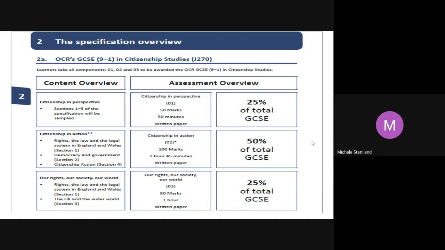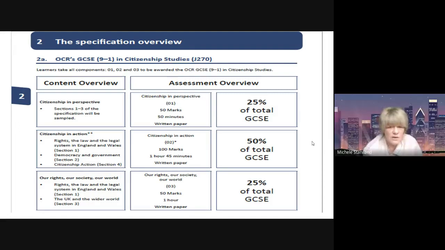So that's how you're assessed. 3 papers. You will obviously be doing mocks throughout the year, so by the time you sit those papers, hopefully you'll be prepared and ready to get the grade that you want, or that you're targeted to get.